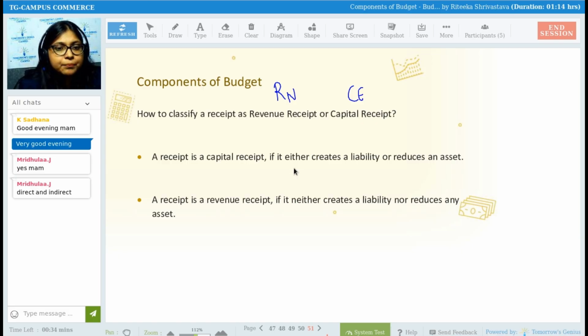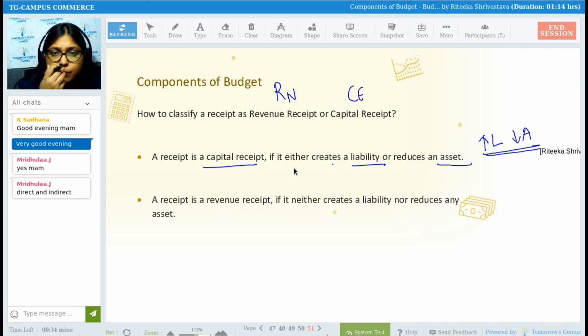So likewise you can remember. Fine. And this is how you can identify a given statement as a revenue receipt or a capital receipt. A receipt is a capital receipt if it either creates liability or reduces assets. If you want, you can note down this shortcut also.